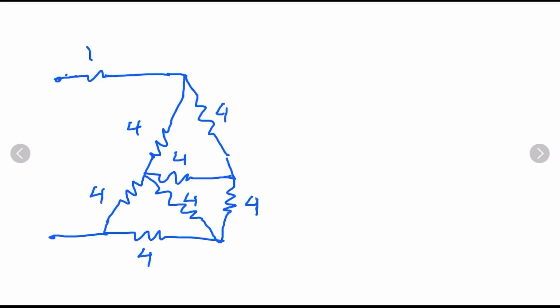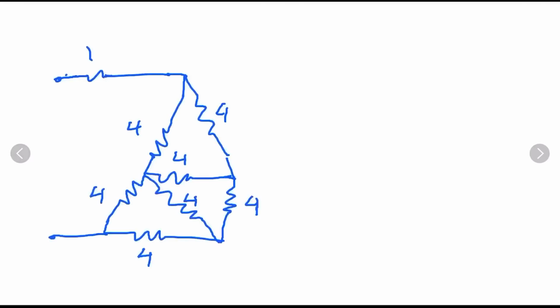Okay, so for that we can understand that there is not a series combination or a parallel combination. We have only delta. So by converting any delta into star, we can get some part of that thing. Okay, so we will move to the next step, which is to convert delta into star.